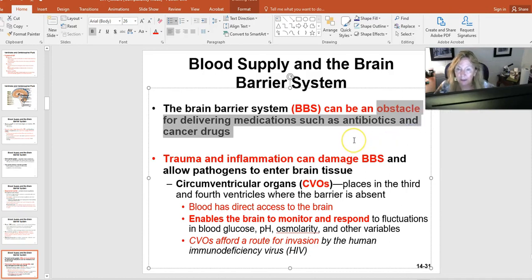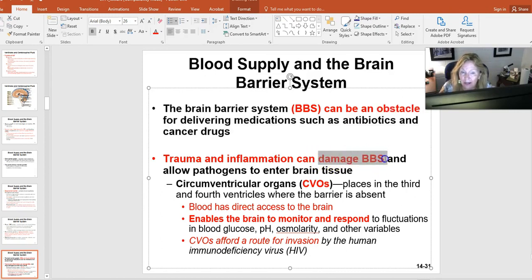So when something happens, like infections in the brain, meningitis, encephalitis, which means inflammation of the actual brain, any of these types of situations, it can be very difficult to get the medications that we need across. Trauma and inflammation can damage it, and it can damage it permanently.